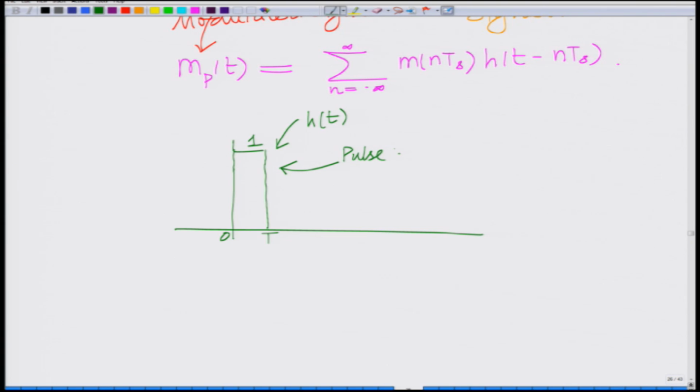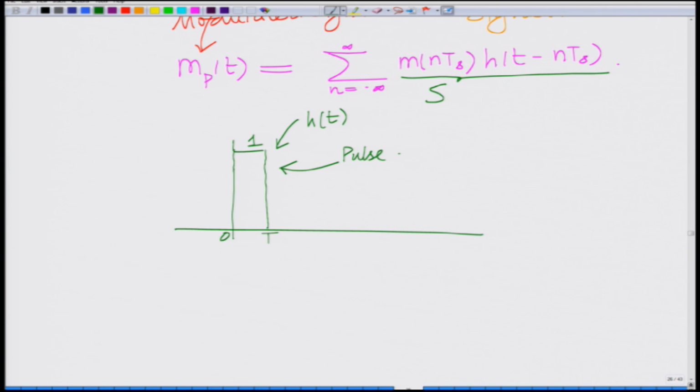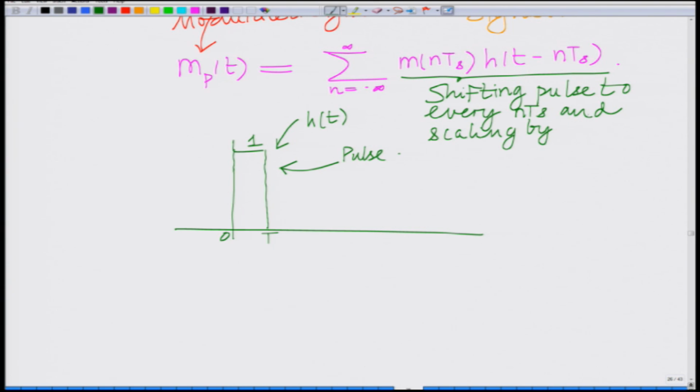What we are doing is shifting the pulse to every Ts and scaling, or basically modulating, it by m of nTs, which is the value of the sample at the nth sampling instant, that is nTs. So, this is shifting the pulse to nTs and scaling by m of nTs.